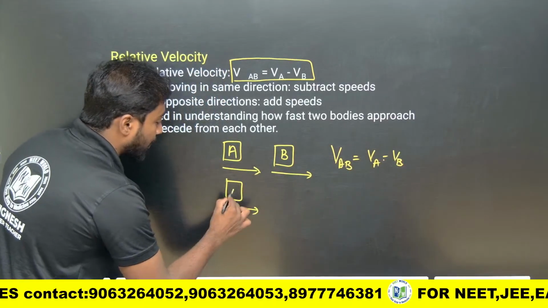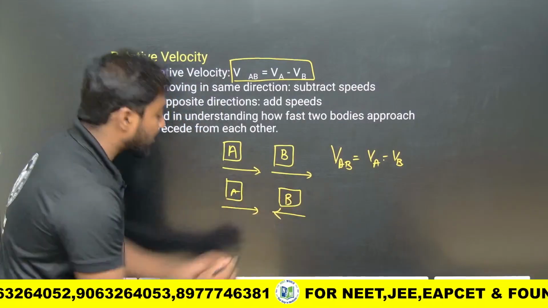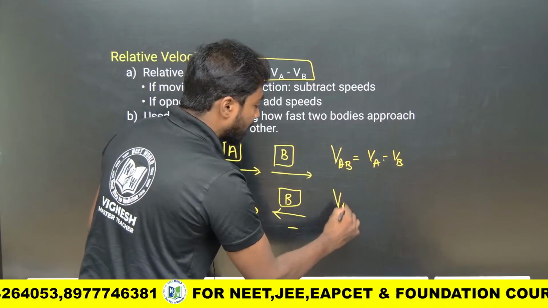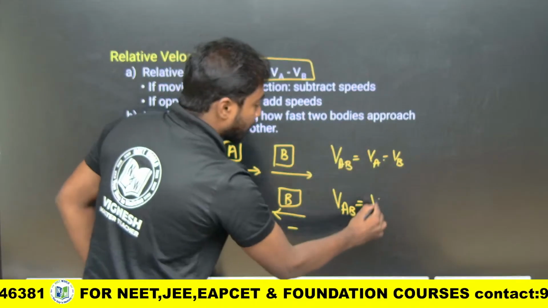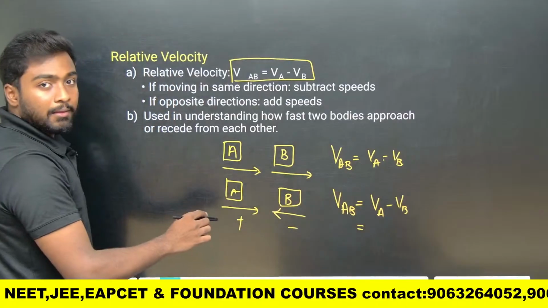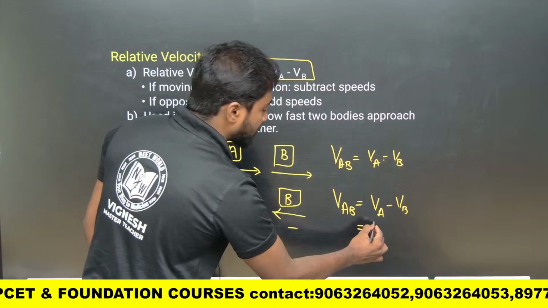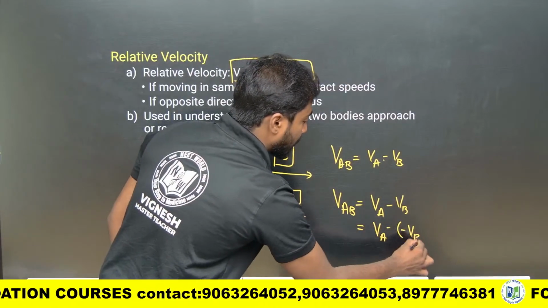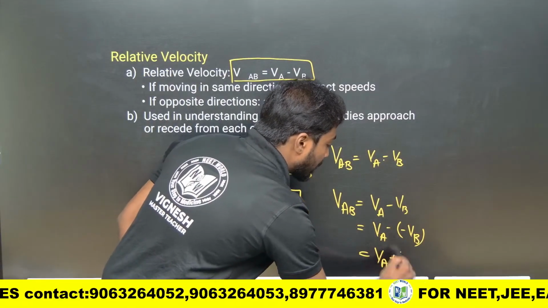Suppose this is A and this is B, so A is in the positive direction, B is in the negative direction. Keep VAB as it is. As usual the formula is VA minus VB, but if I apply the sign convention, either positive or negative, VA is positive but VB is minus VB, so minus of minus VB gives VA plus VB.